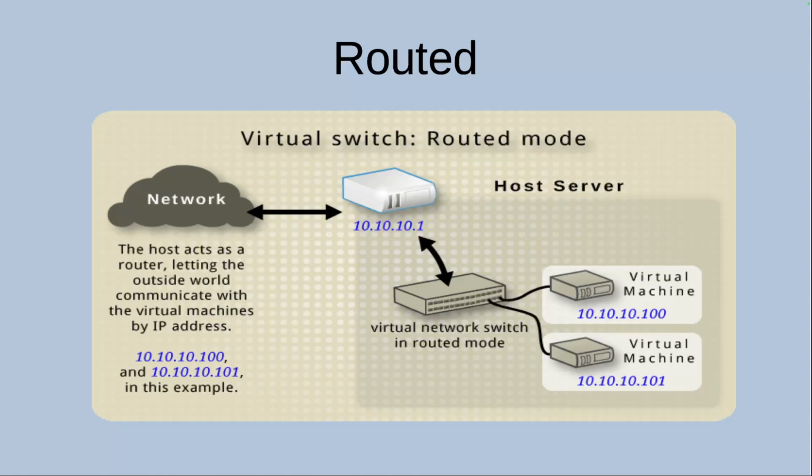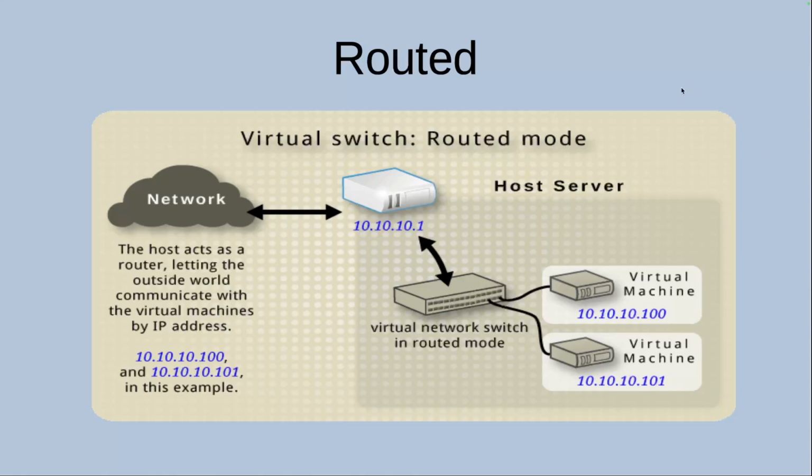The host server is acting as a router, and it's actually the default gateway. So if we go back to my network, the example is that the gateway router is acting as the gateway for these devices as well.